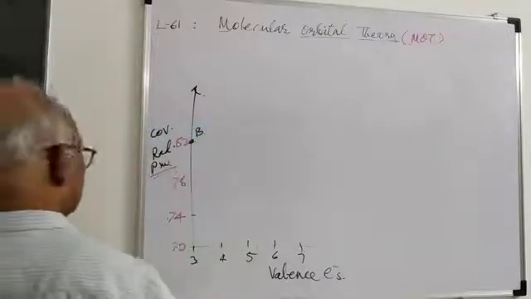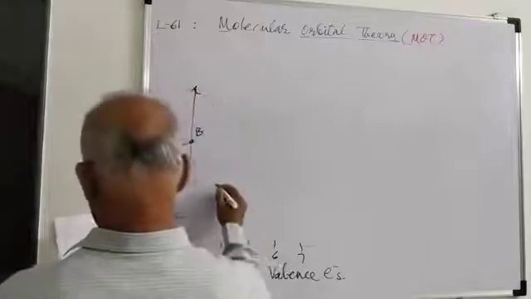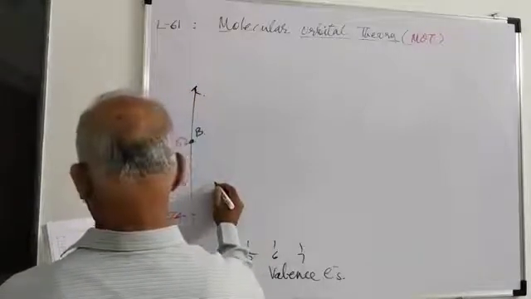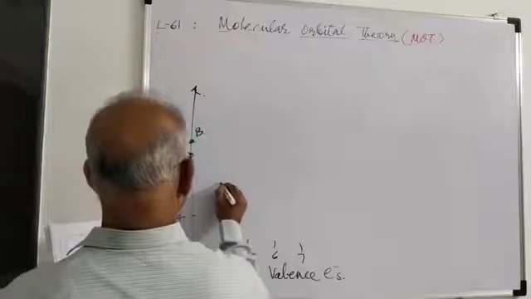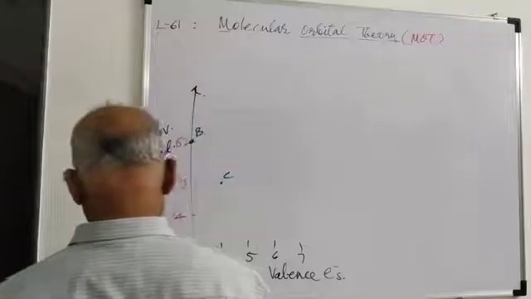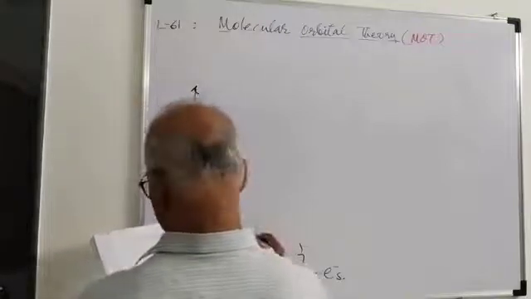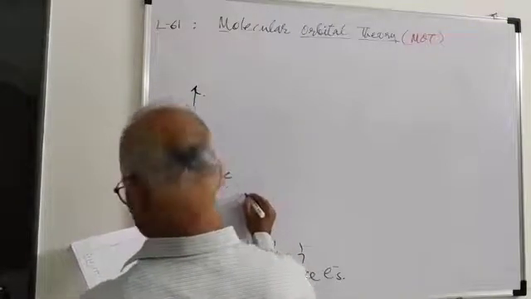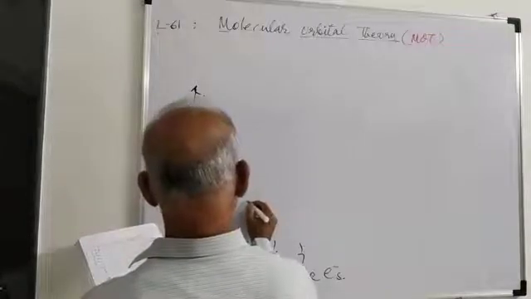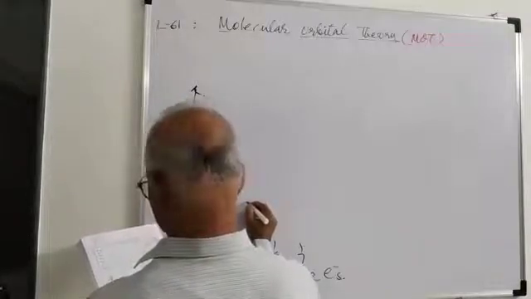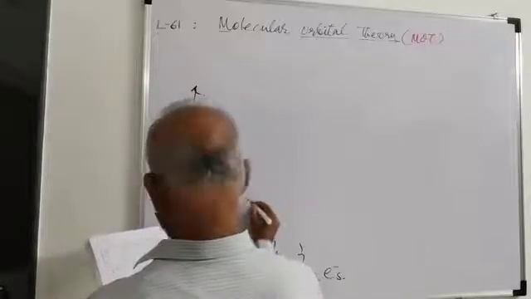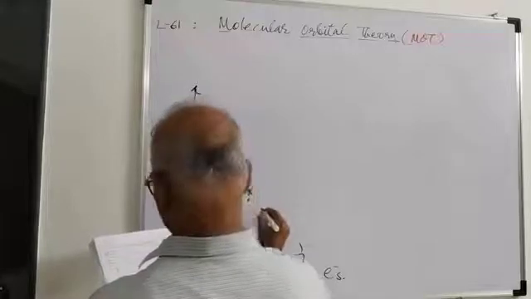Then we will have carbon with 4 unpaired electrons, having the covalent radius with the value like this. This is for carbon. In case of nitrogen, you will have 5 unpaired electrons and the covalent radius is like this. This is for nitrogen.